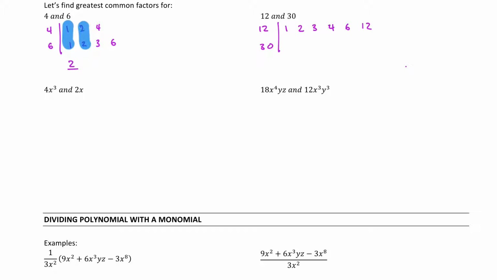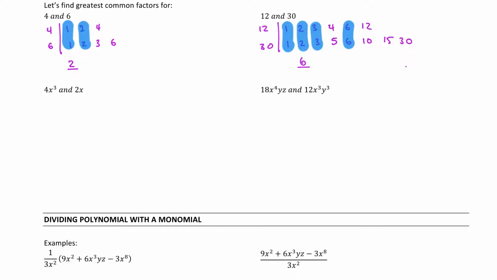And factors of 30 are 1, 2, 3, 5, 6, 10, 15, and 30. So the common factors between these values are 1, 2, 3, 6, and that's it. And the greatest common factor between them, or the largest value between them, is 6.